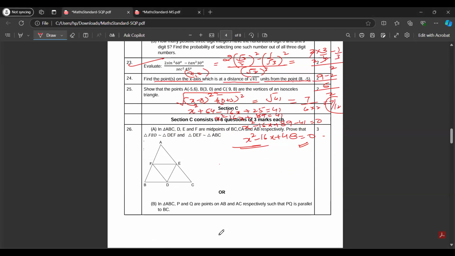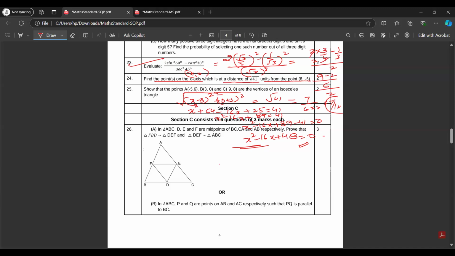So how will we solve it? Any idea? We have to prove this.